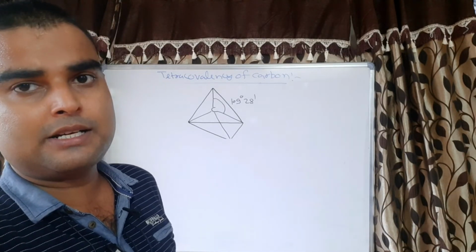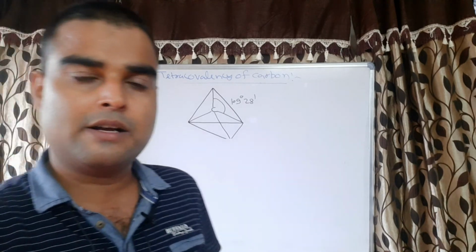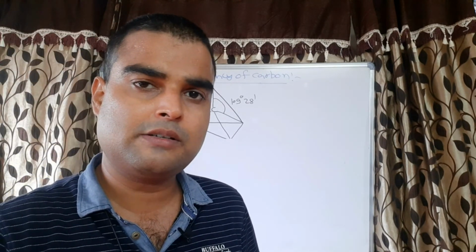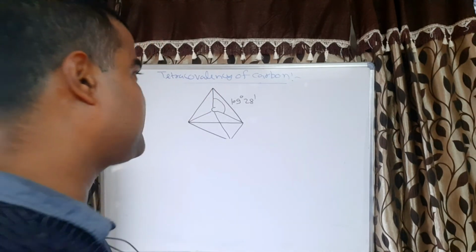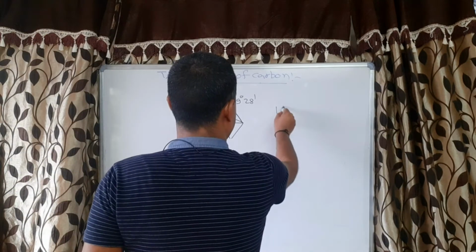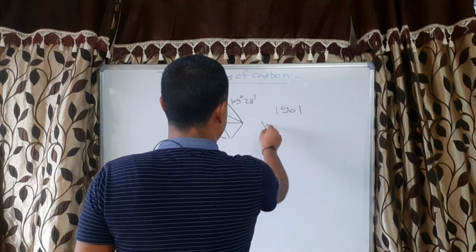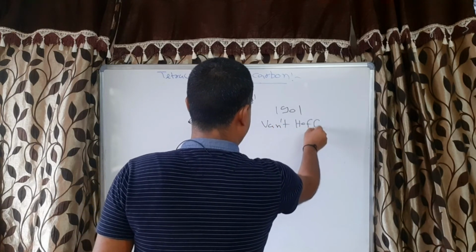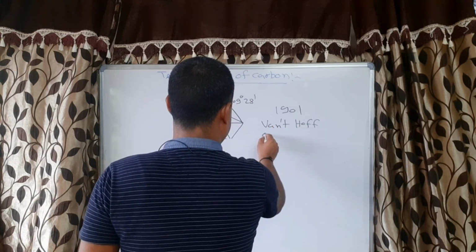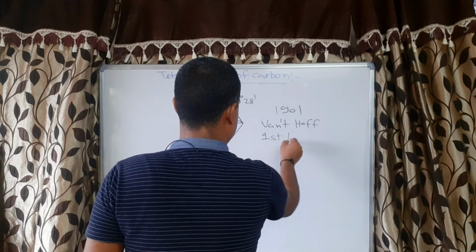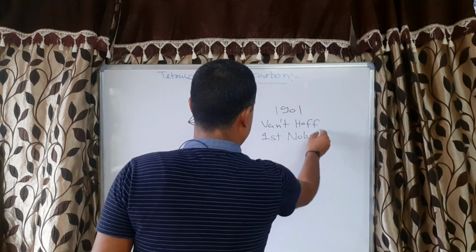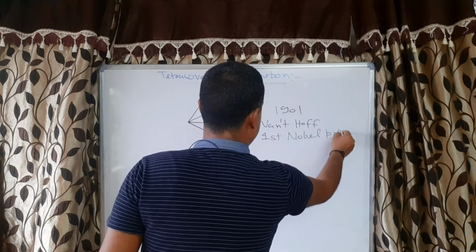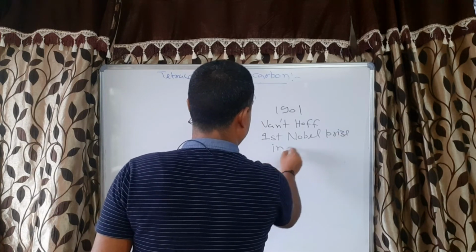Because of that reason, van 't Hoff was awarded the first Nobel Prize in chemistry in 1901.